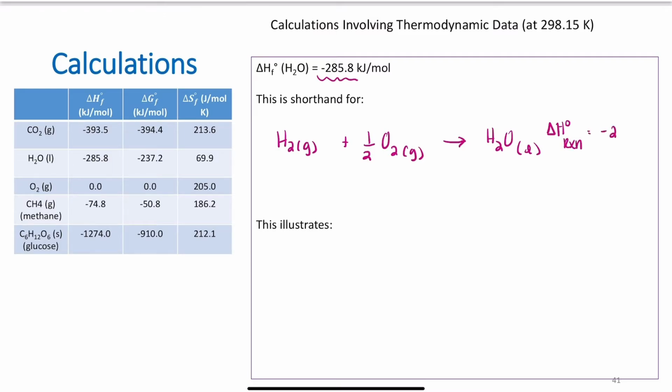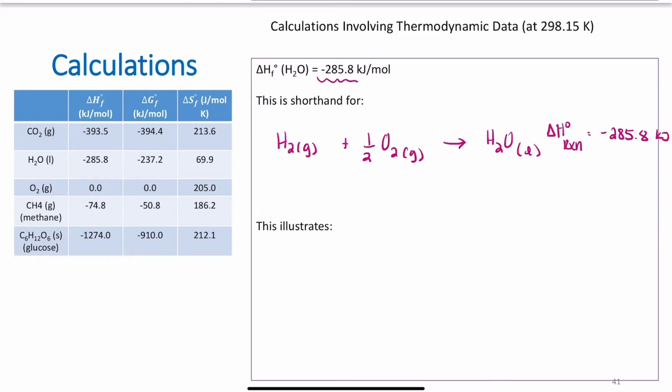Delta H reaction, negative 285.8 kilojoules. This illustrates that sometimes fractional coefficients are required. As we said, formation reaction is the formation of 1 mole of your product. So in this case, I need 1 water in my final product, so I need 1/2 mole of O2. So sometimes fractional coefficients are required.